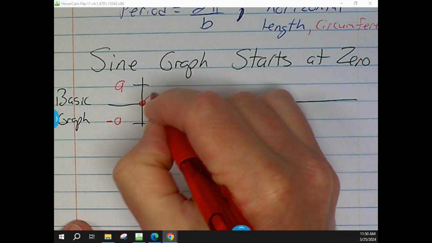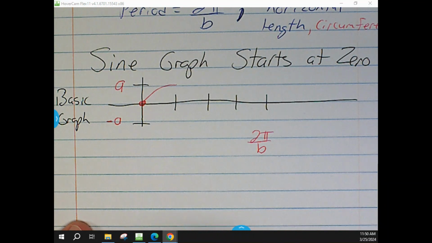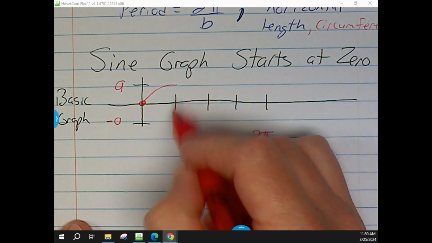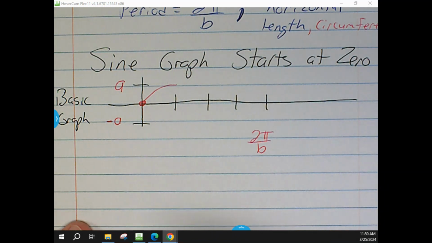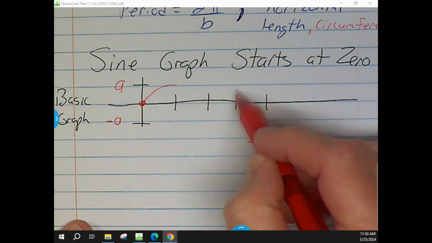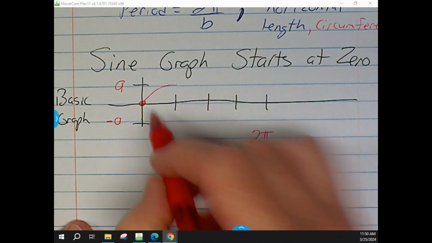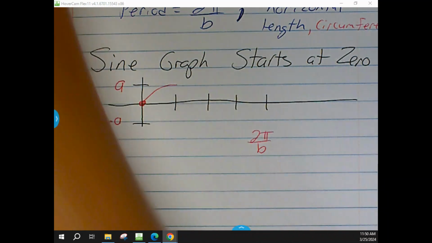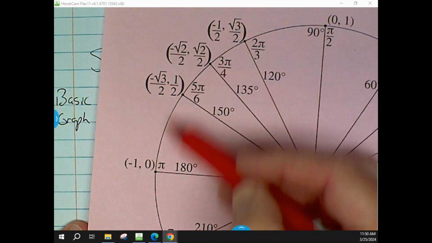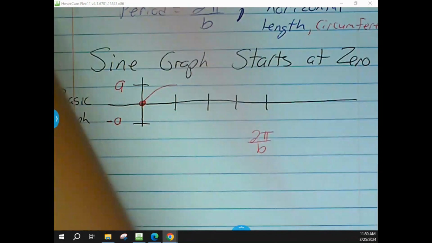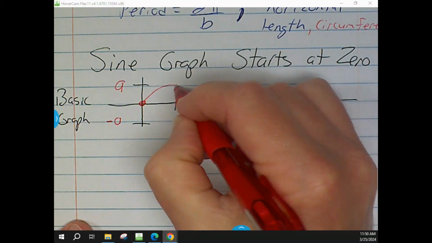So the first thing it's going to do is go to the top. This is like your 90 degrees. If you want to think about these, this is like 90, this is 180, 270, 360, that kind of thing. So once we get to here, this is at the top. And then once we keep working, the sine number keeps getting smaller till we get back to 0. So then we're going to come back to 0 at 180.